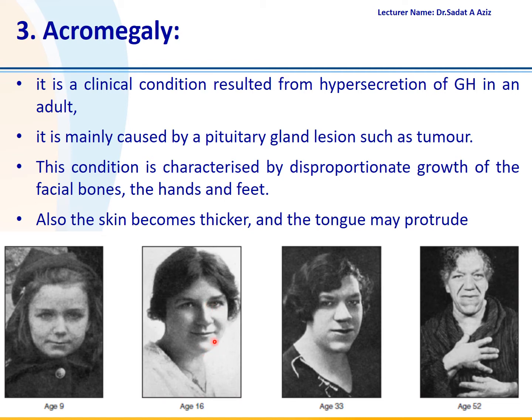And if you have a look at the chin, it started to become obvious. Okay, and at age 33, if you have a look at the morphology of the face, you can see there is a prominent growth of the nose, forehead, chin, and the other parts of the body.